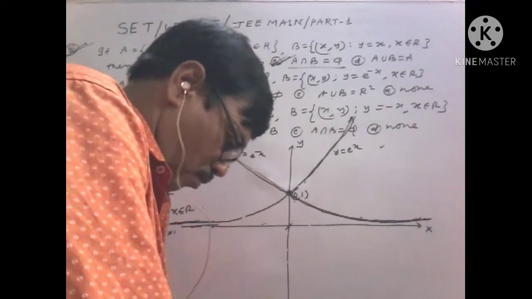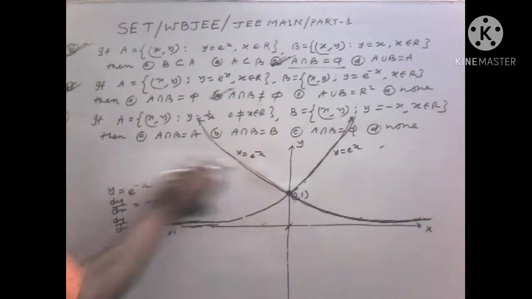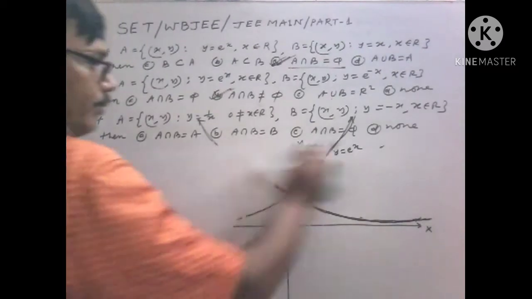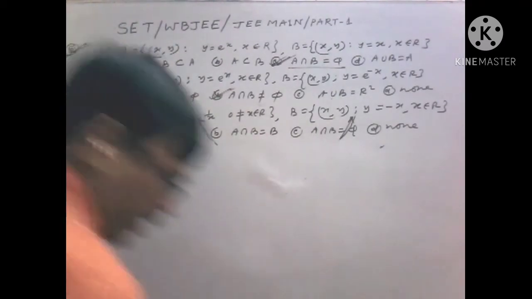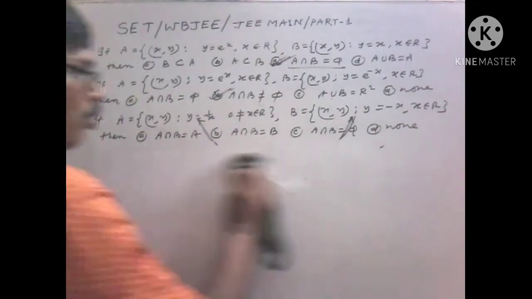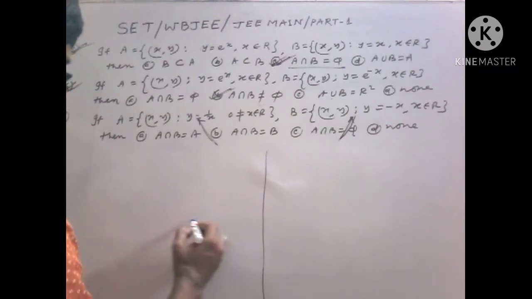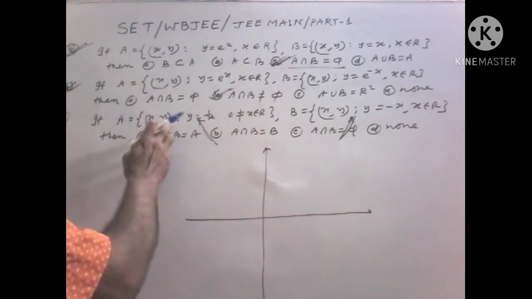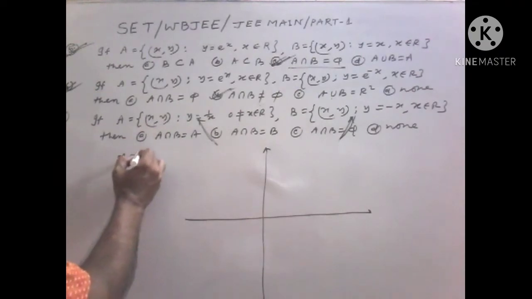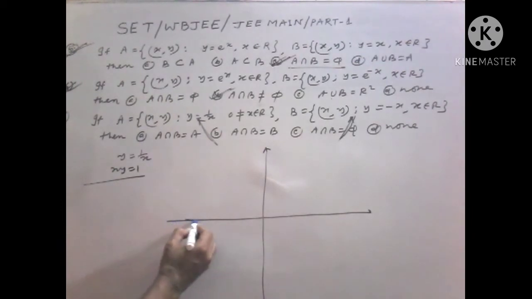Now look, problem number 7. So we need the idea of the graph of a function. So here y equals 1 by x, so xy equals 1. This is a rectangular hyperbola.